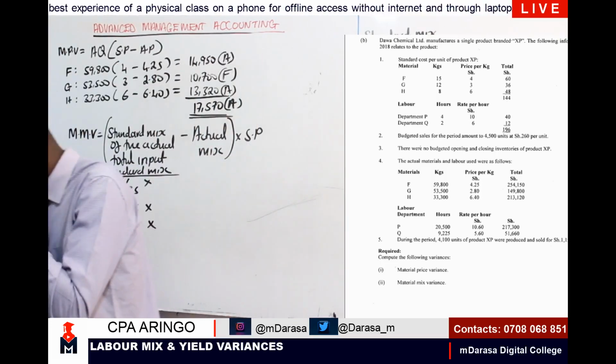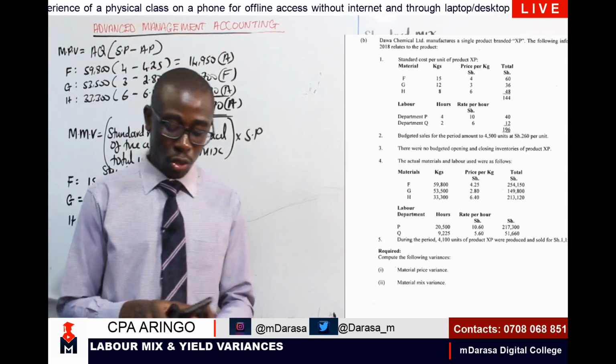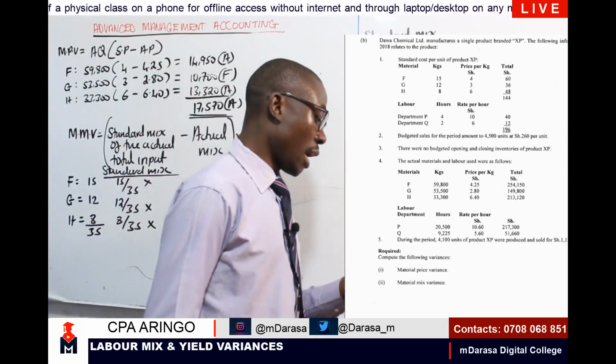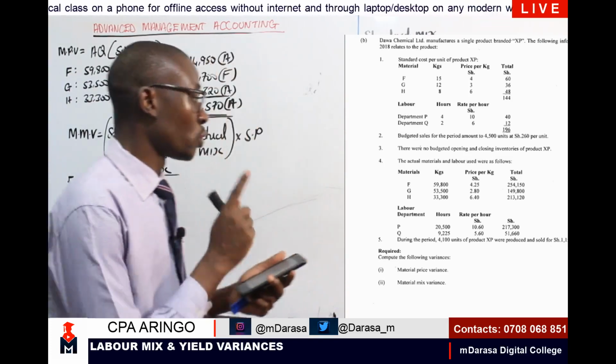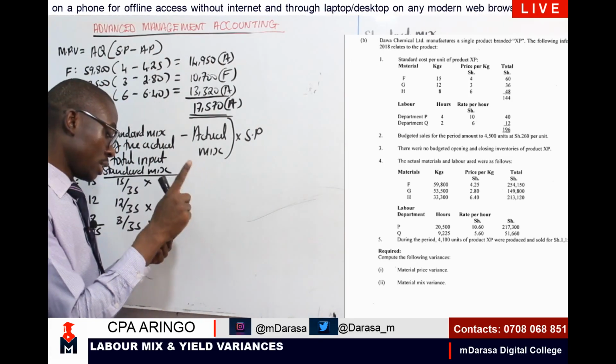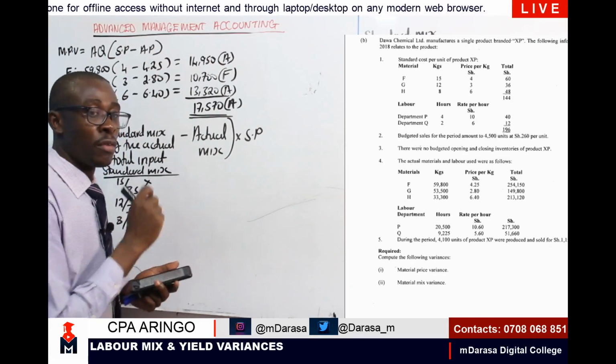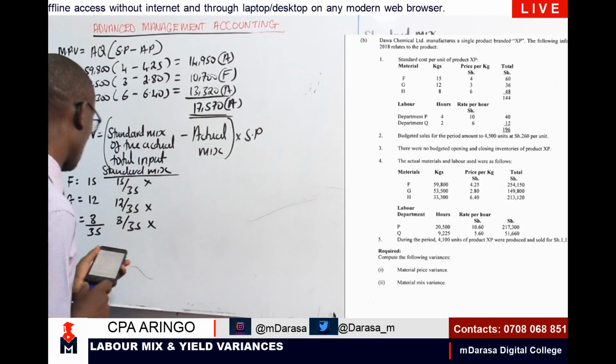What did we have? If we can check our question clearly, look at note number 4. In this question of ours, check out note number 4. What did we have for F? Actual.